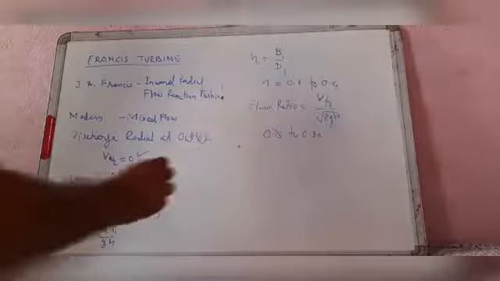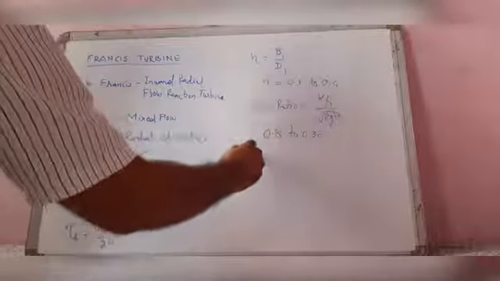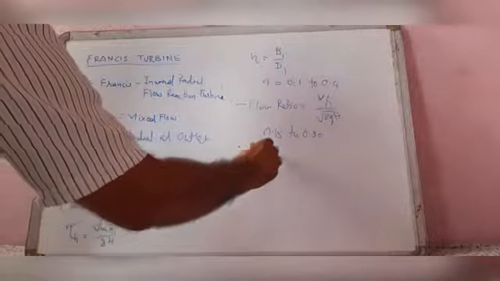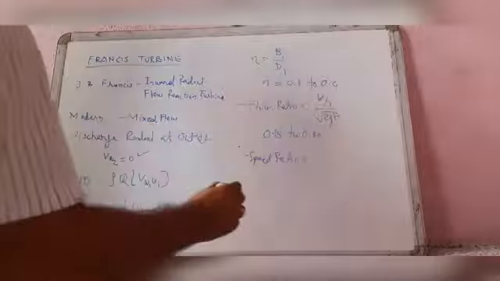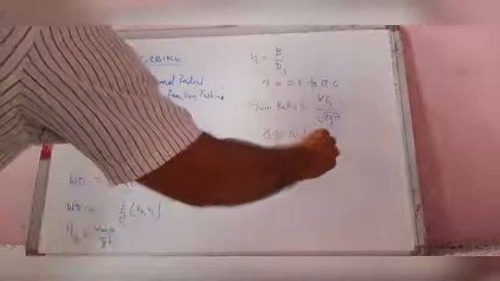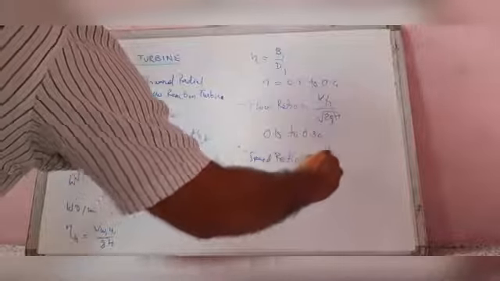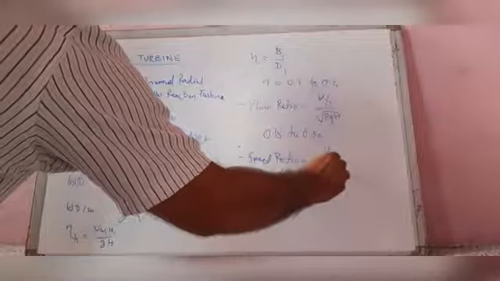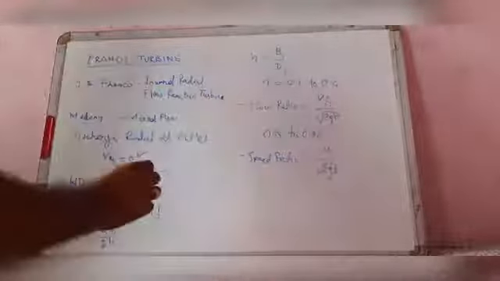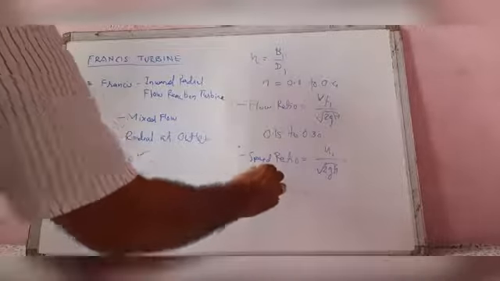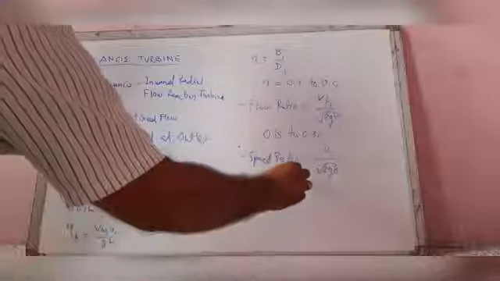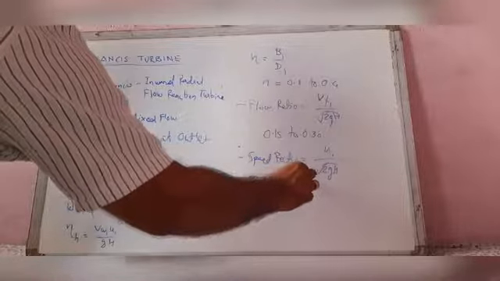The speed ratio is equal to U1 by root 2gH, and its value varies from 0.6 to 0.9.